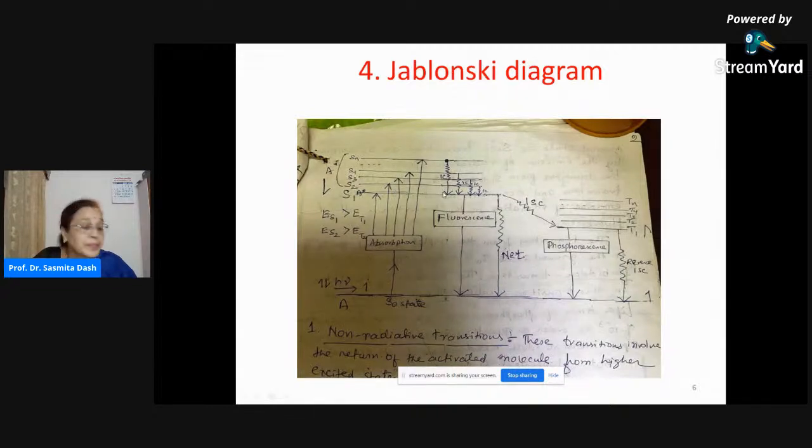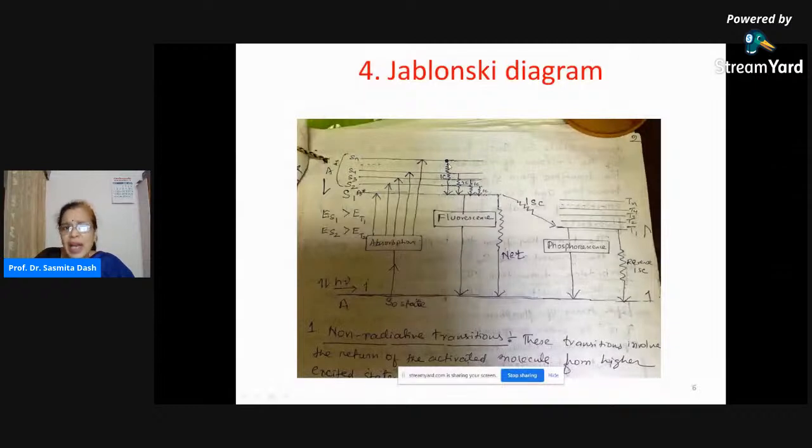This is called internal conversion. These transitions do not involve the emission of any radiation, hence they are called non-radiative or radiationless transitions. The energy of the activated molecule is just dissipated in the form of heat through molecular collisions. So this is the process of internal conversion.